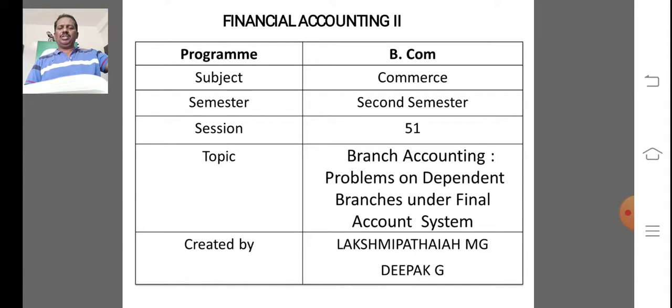Since this system involves preparation of a memorandum branch trading and profit and loss account, it is not a part of the double entry system, and hence there is no need of passing any journal entries.